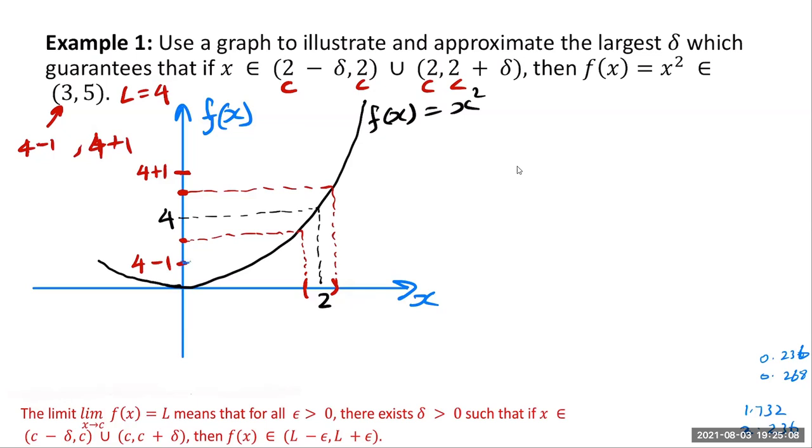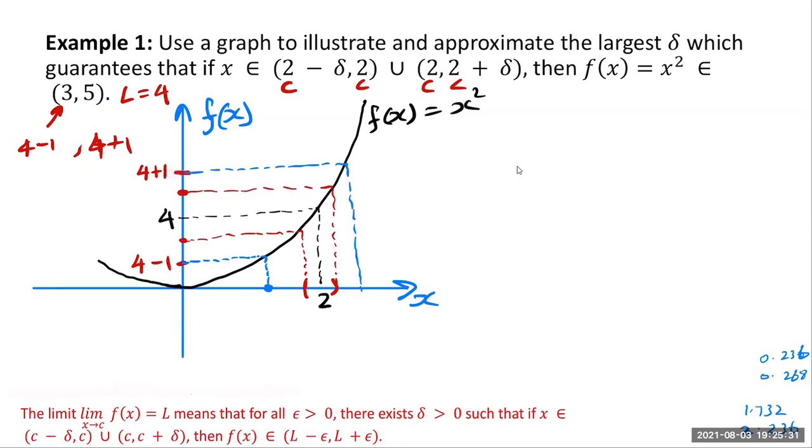I'm going to find the x value corresponding to this y value, which is 3. Right here, that x value is right here. And also I want to find the x value corresponding to this y value.